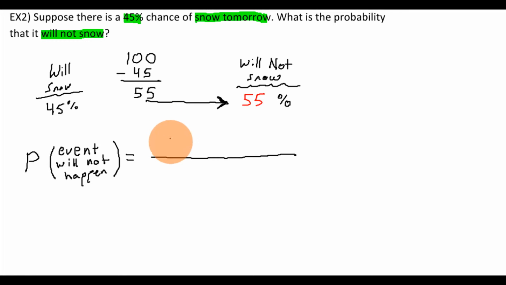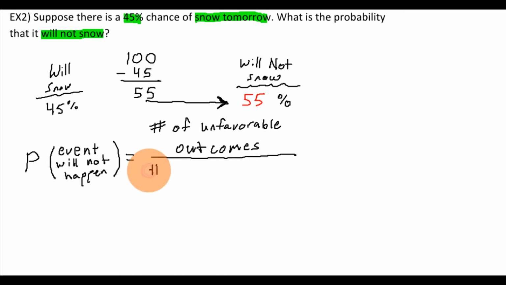We have to look at the opposite. So we're going to look at the number of unfavorable outcomes here. Great, so the number of unfavorable outcomes goes on top, and on bottom we're still going to look at the number of possible outcomes.